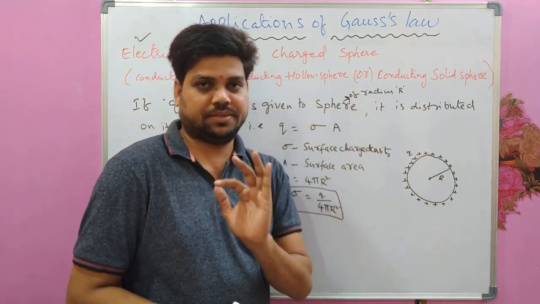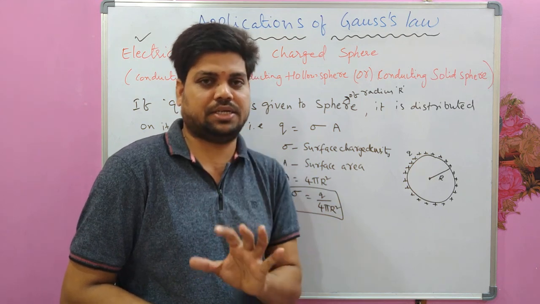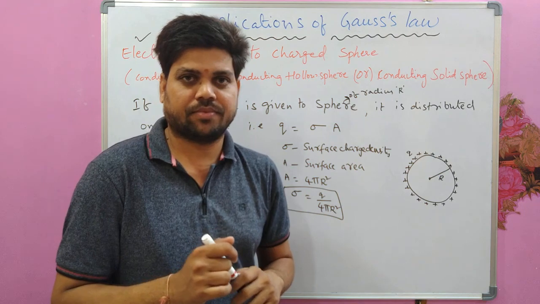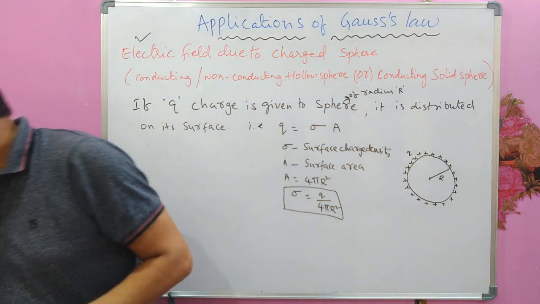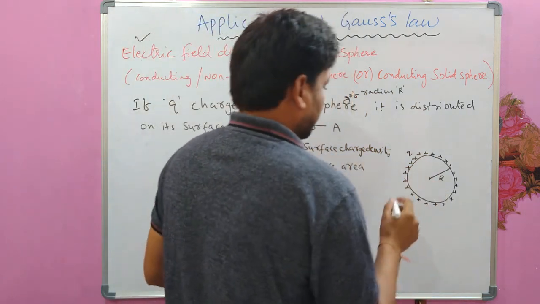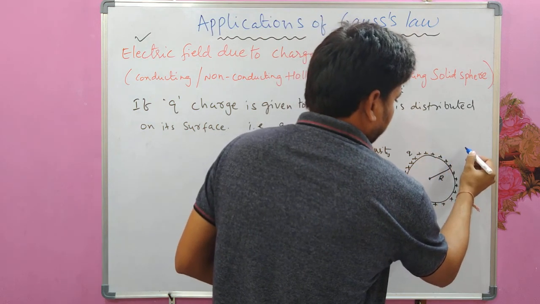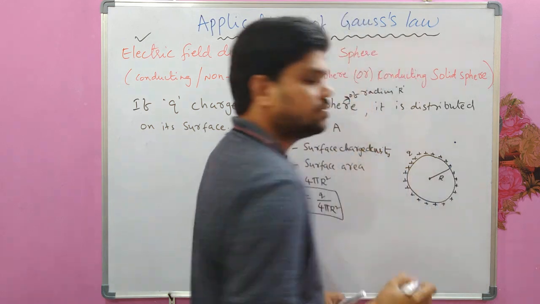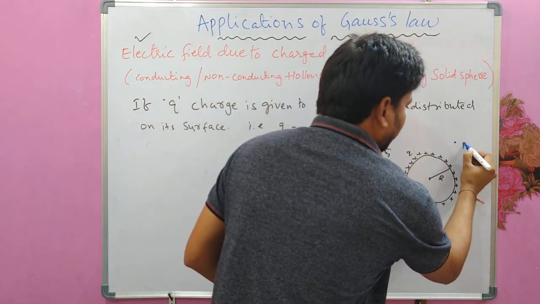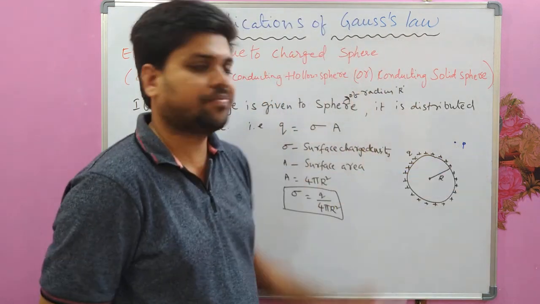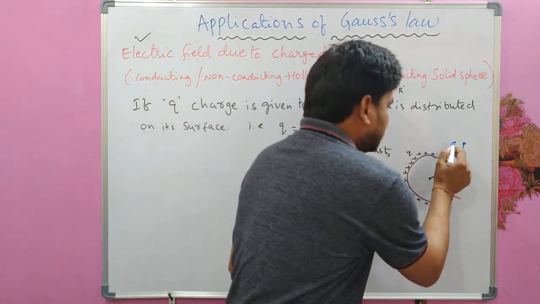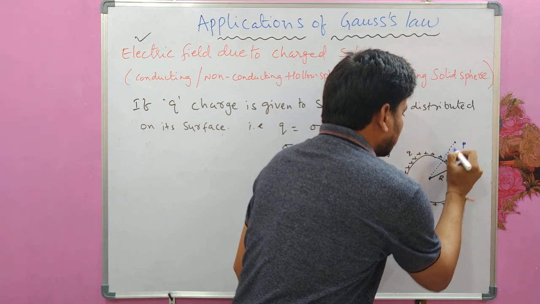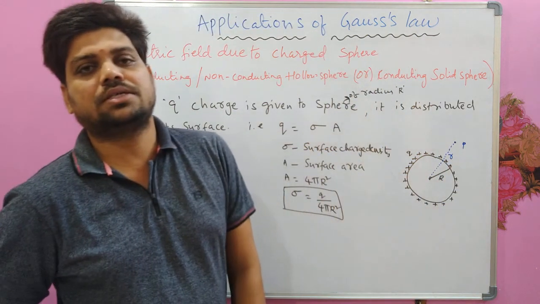The first step is identifying a point where you are finding electric field. For example, my point is somewhere here. So I want to find out electric field at this point, whose distance is small r from the charge distribution.